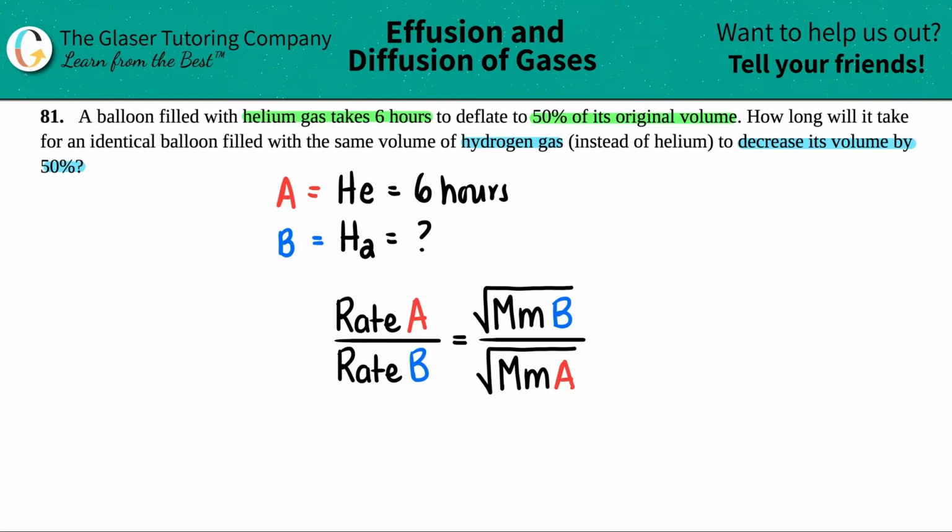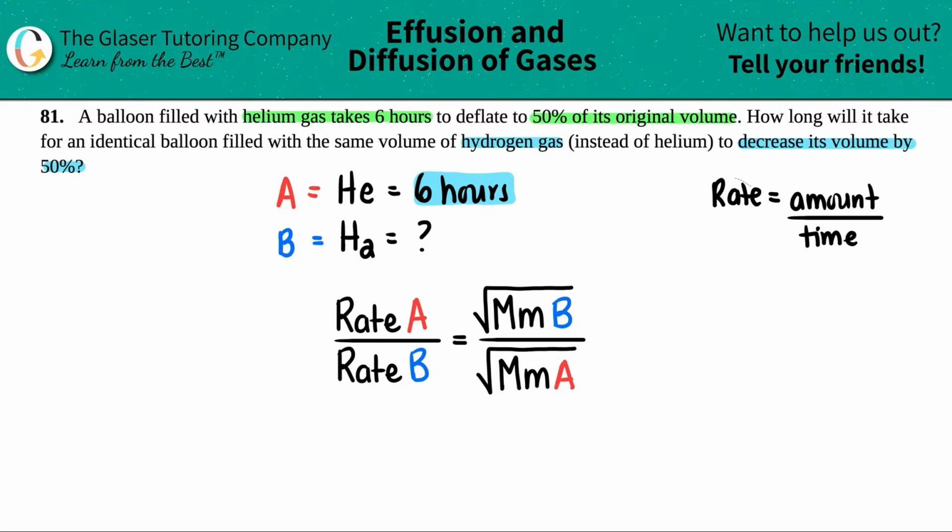But now, they didn't tell us a rate. They only told us a time, right? 6 hours is the amount of time. But remember that a rate, and we're going to see this in later chapters when we talk about kinetics, a rate is basically the amount that something is either increasing or decreasing divided by time.